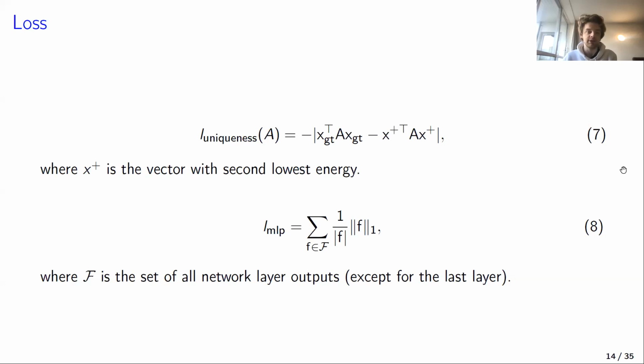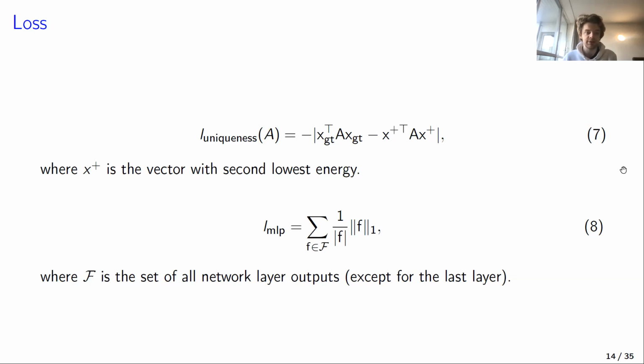And in order to increase the likelihood that we anneal to the ground truth solution, or to the actual minimizer of the matrix, we try to increase the spectral gap between the minimizer of the matrix and the second lowest energy of this matrix.